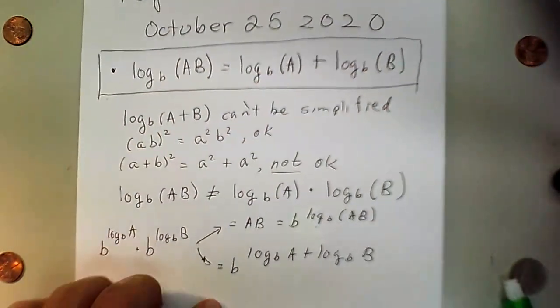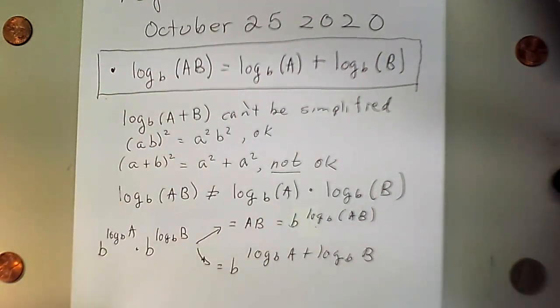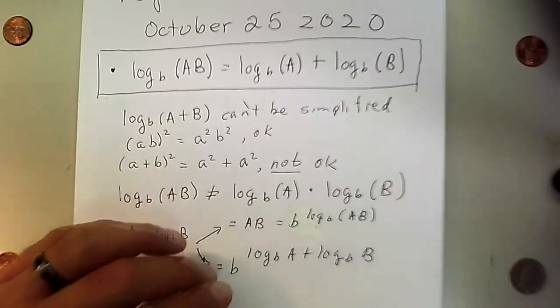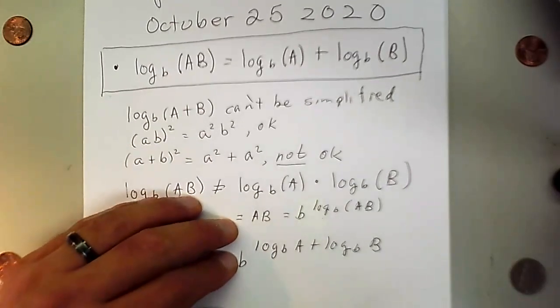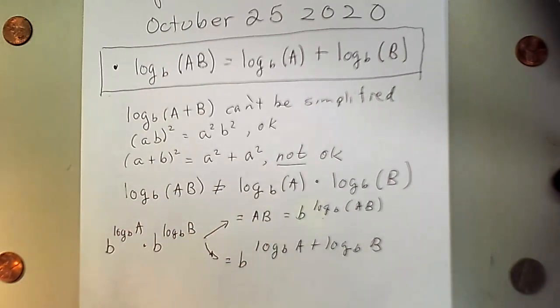Well, anyway, the bottom line is make sure you know that property. Very, very important property. It only works one way. And the best way to learn properties is to do loads of homework, tons and tons of homework. I have had students who tell me, I'm not very good in math, and somehow they know they should do a lot of homework, and they end up performing quite well.